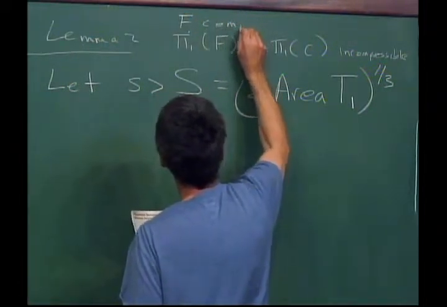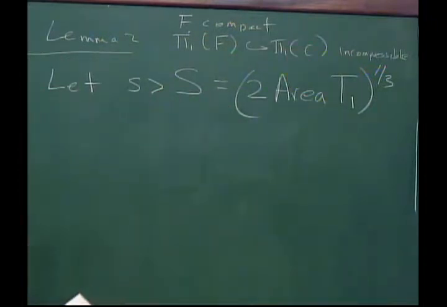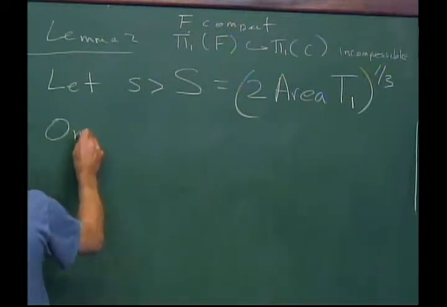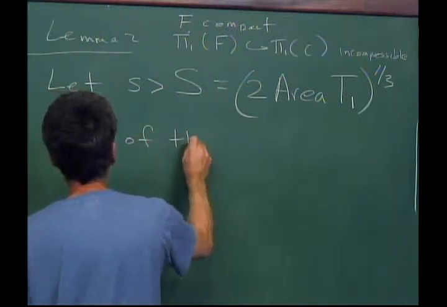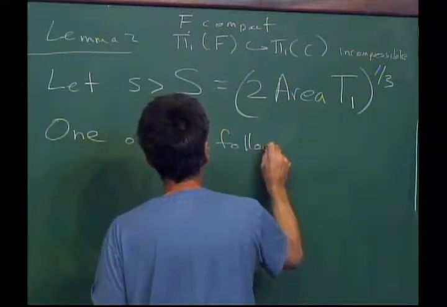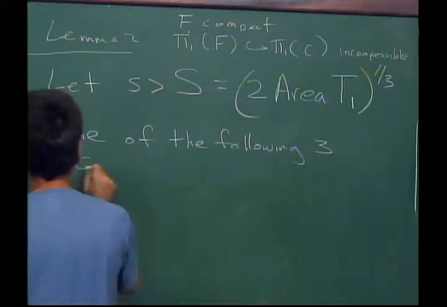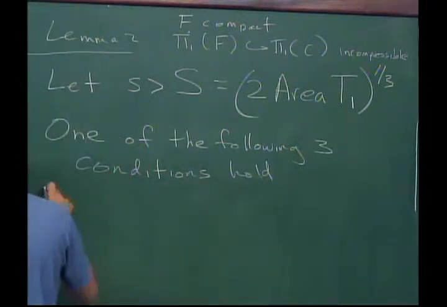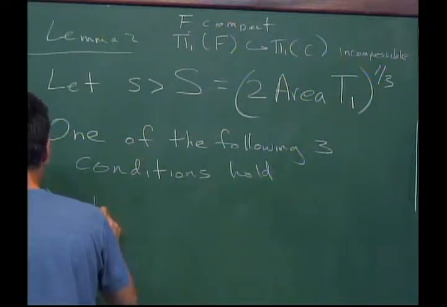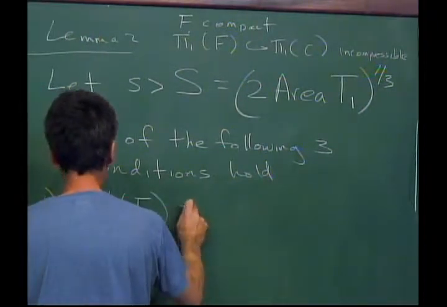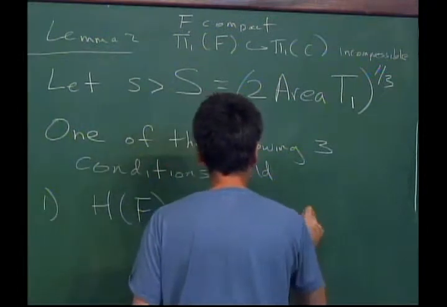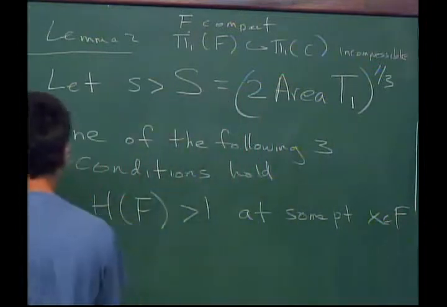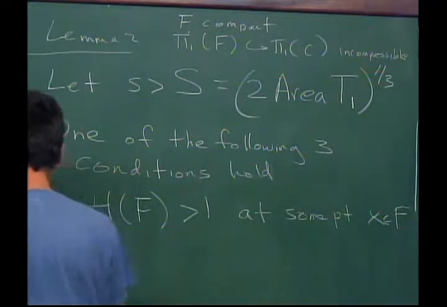So F is going to be a compact surface, and the lemma says one of the following three conditions always holds. Either the mean curvature of F is greater than 1 at some point, and again, this is for an arbitrary surface.